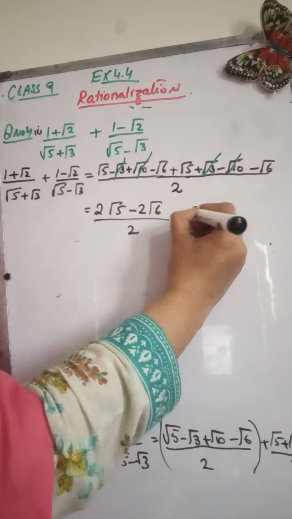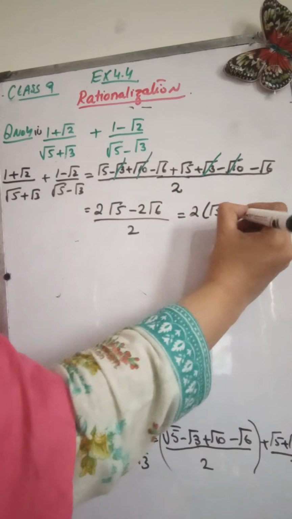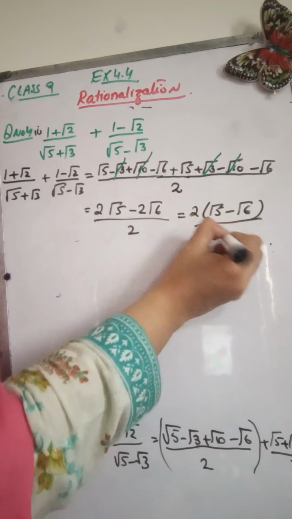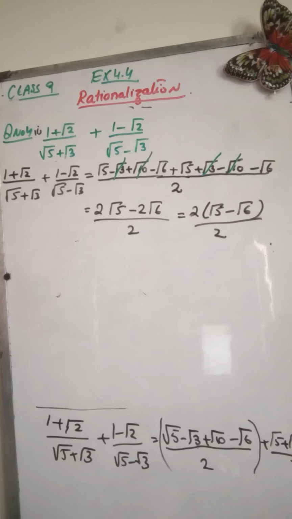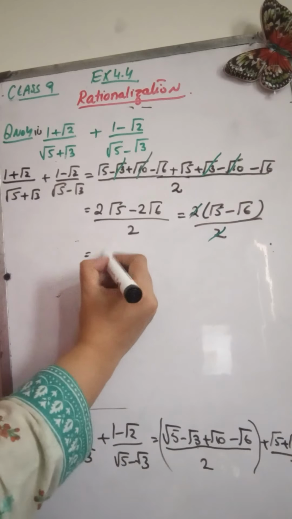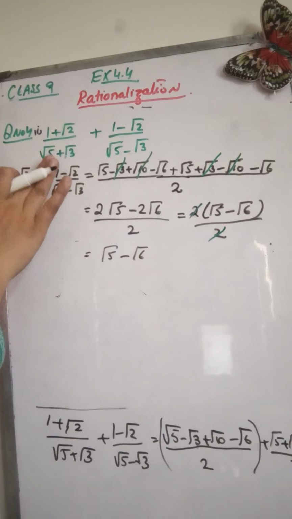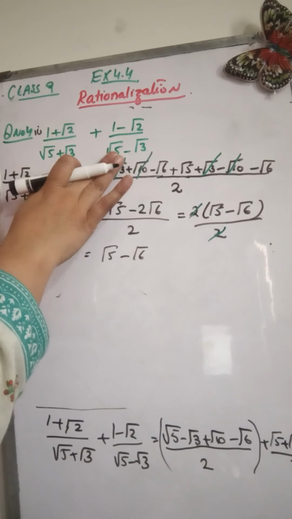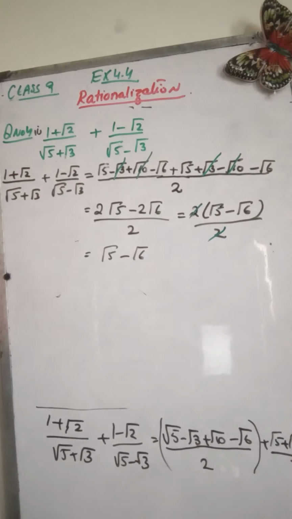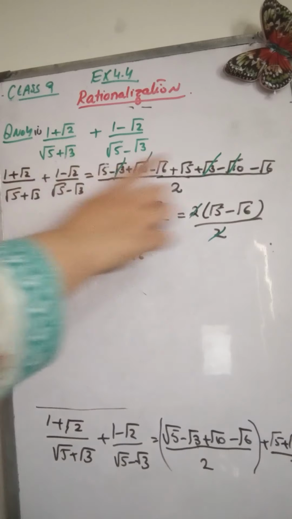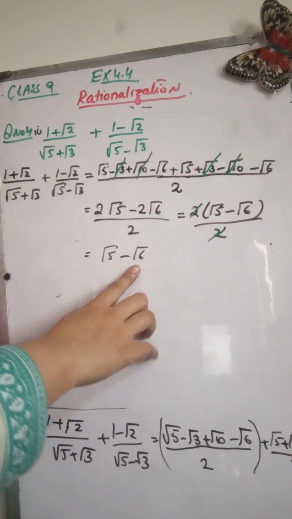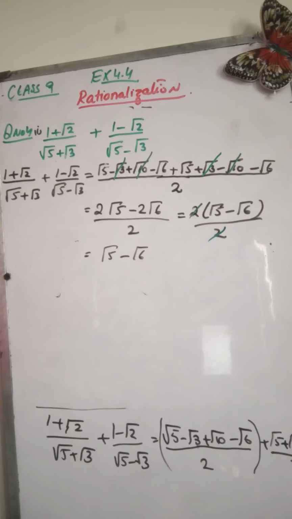Taking 2 common, under root 5 minus under root 6 over 2. Now cancelling these two, we are going to get the answer, which is under root 5 minus under root 6. So this is how we add two surds. We make their denominators a rational number and then we add it. And after simplification, we got under root 5 minus under root 6.